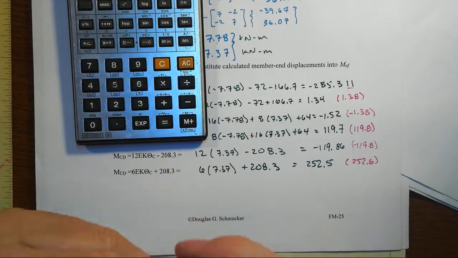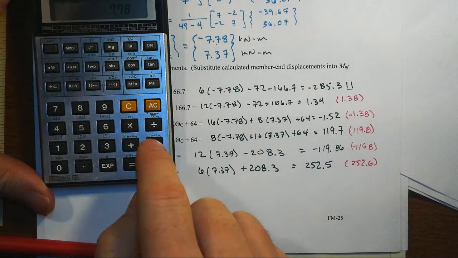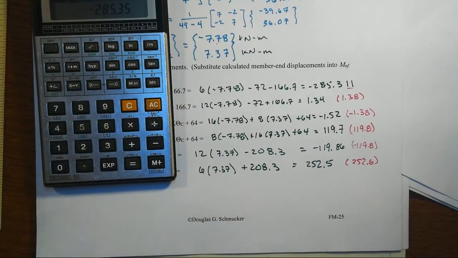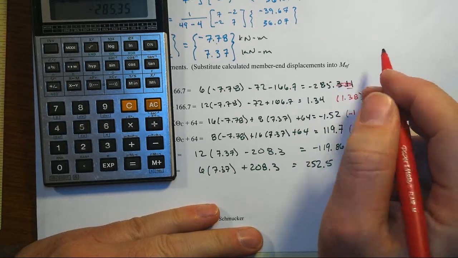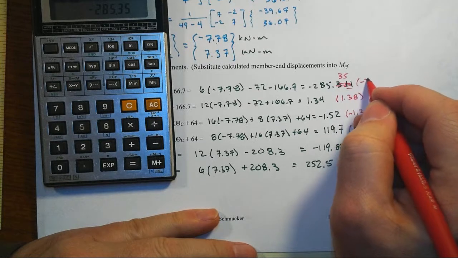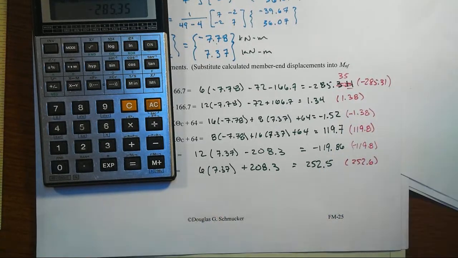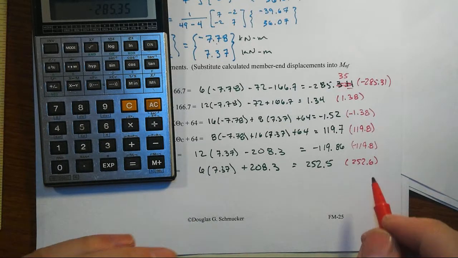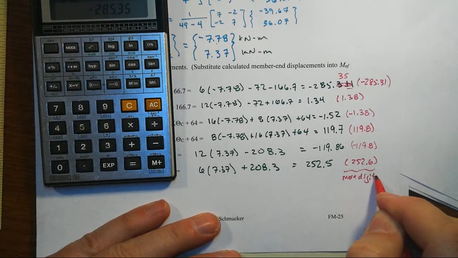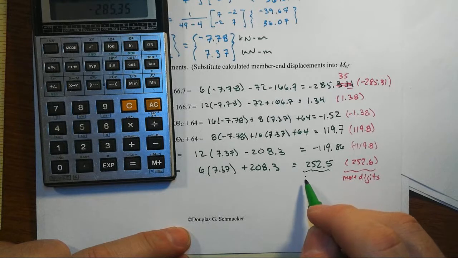So let me fix something here to be consistent in formatting. What I would really get is 285.31 if I carried all that. The red means more digits, and the green, which might look black to you, means rounded values.